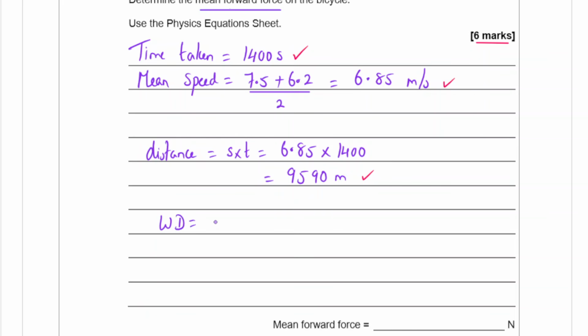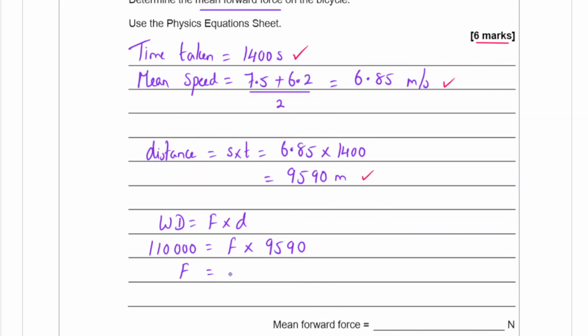Work done equals the force multiplied by the distance moved. The work done was 110,000 joules, which equals the force multiplied by the distance, which is 9590.